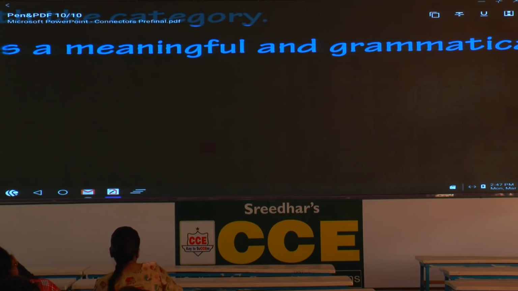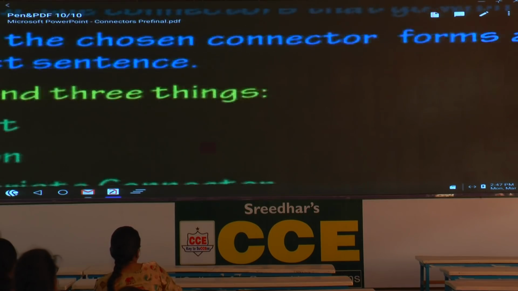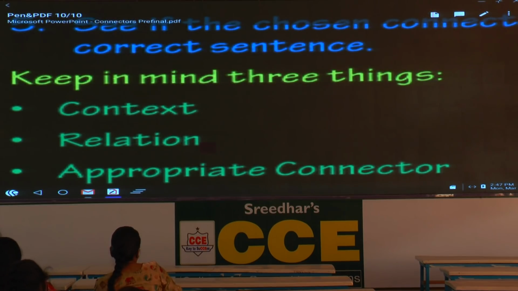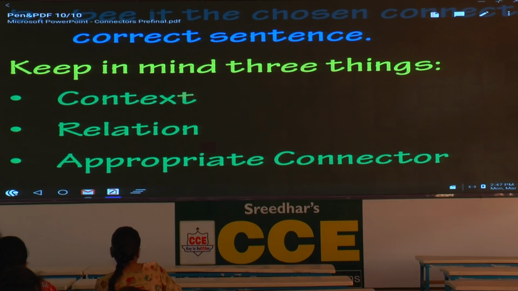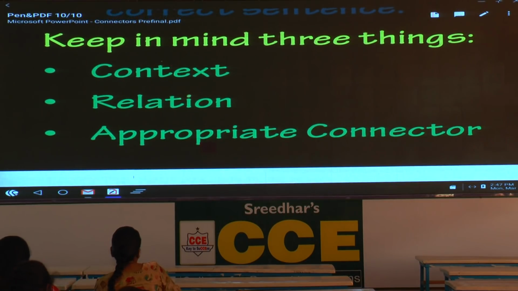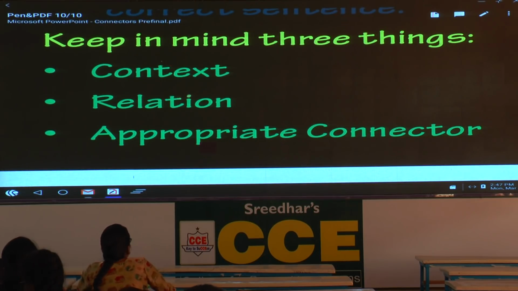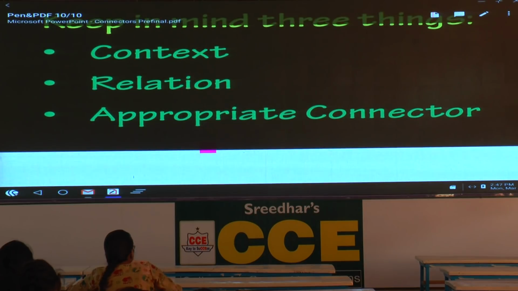Meaningful and grammatically, underline those two words. It has to be meaningful, at the same time it has to be grammatically correct. So finally, to sum up, keep in mind three things. One is context, second is relation, third is appropriate connector.